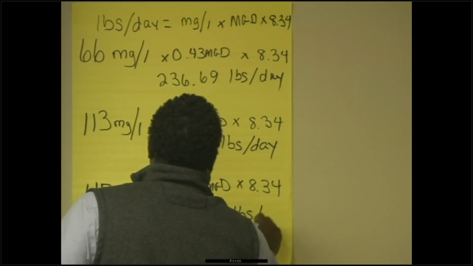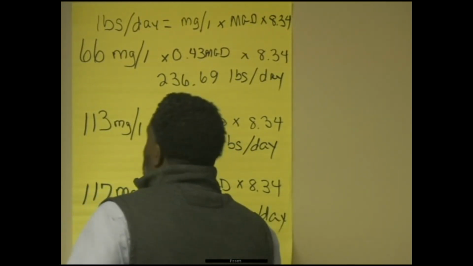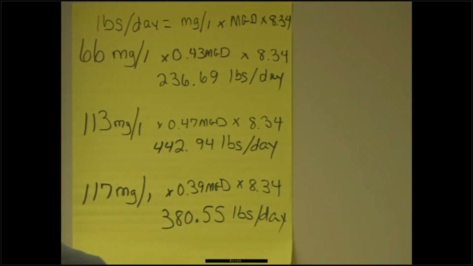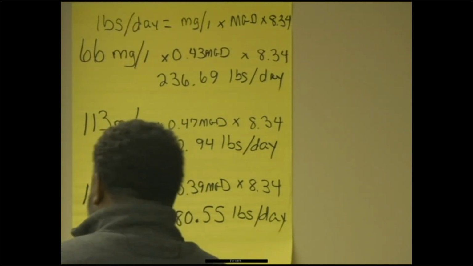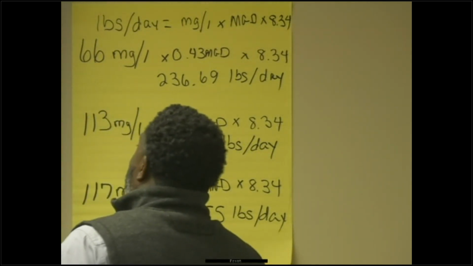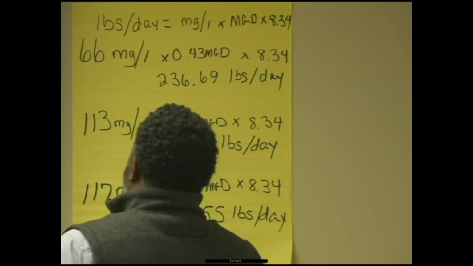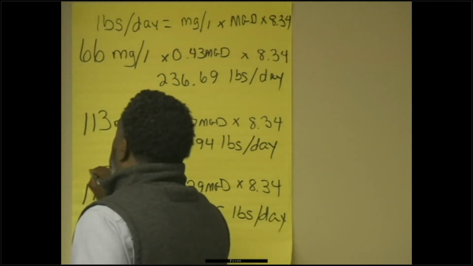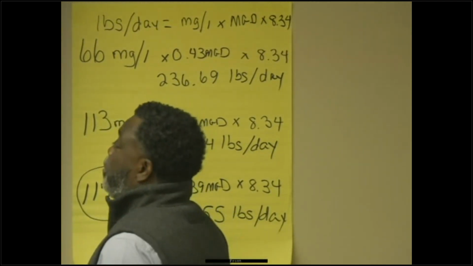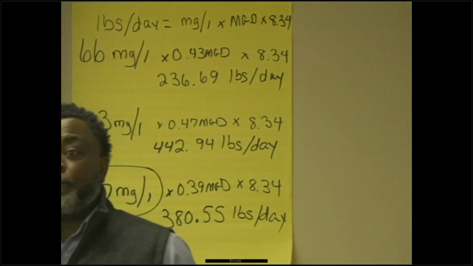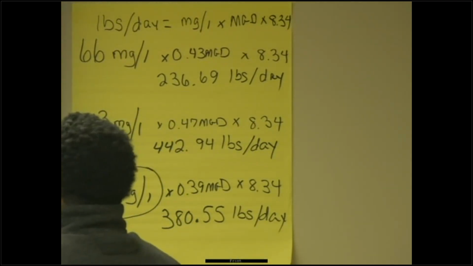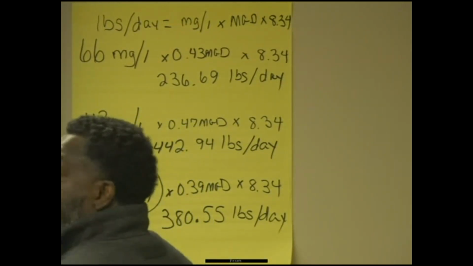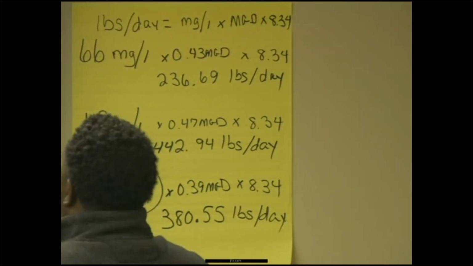380.55 pounds per day. Now, this is exactly the point I was hoping that we would get a chance to show. Notice that the highest concentration is 117 milligrams per liter. That's the information that will go on the DMR under quality or concentration.